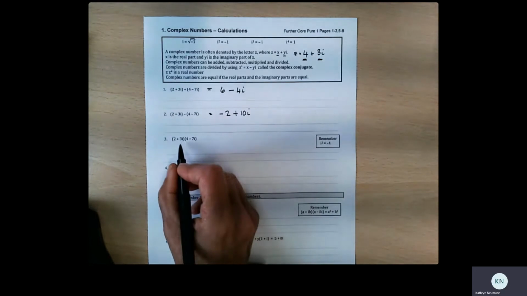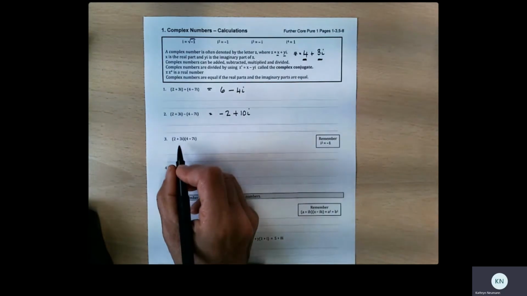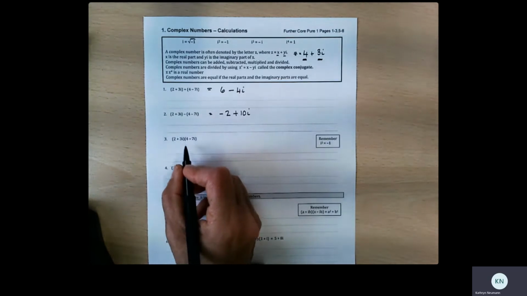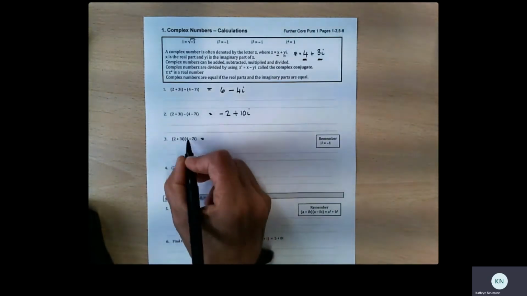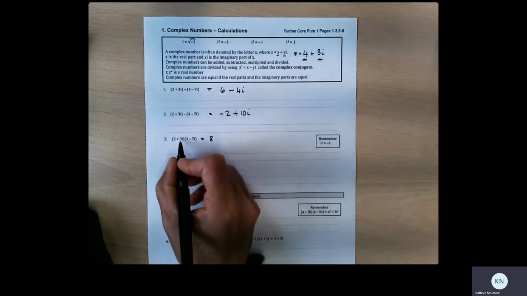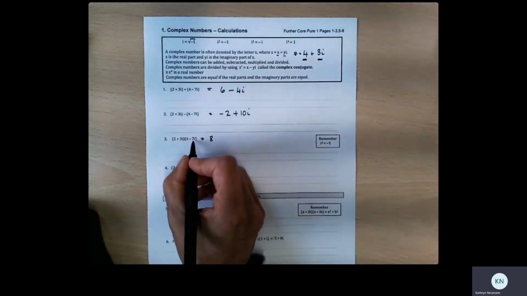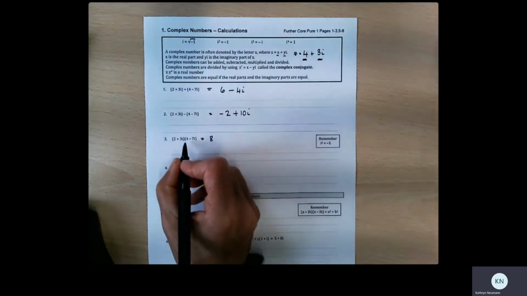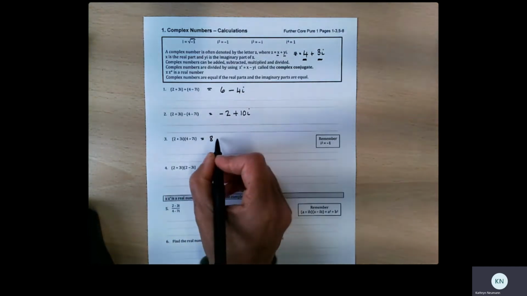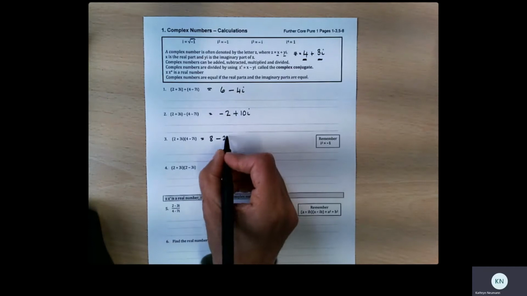Now, when we are multiplying two complex numbers together, we just multiply as though we're multiplying out brackets. So we've got 2 times 4 is 8. And then we do the end terms because that's going to give us another real number. So we've got 3 times -7 is -21.